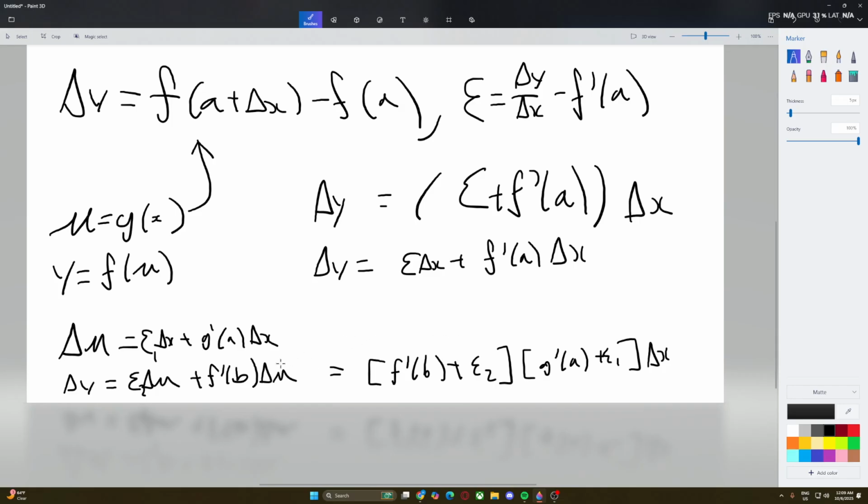Yeah, so basically factor out change in u, and then factor out change in x from change in u, and you get this, right?